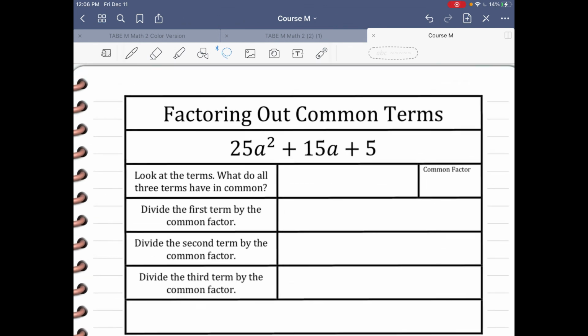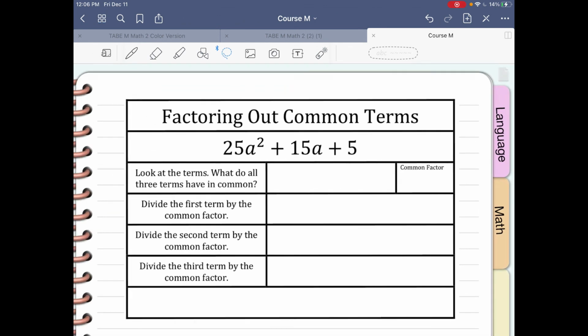And here is the trinomial. It has 3 terms. So let's use the proper terminology. This is called a trinomial. And this is how you factor. Step 1, you look at all the terms and ask yourself, what do all, in this case, 3 terms have in common? 25a squared, 15a, and 5.